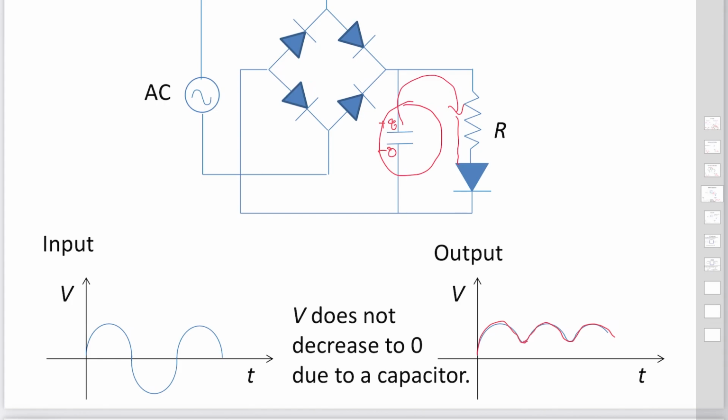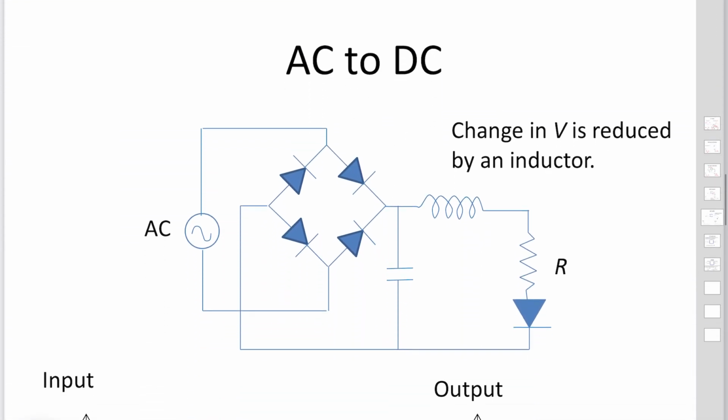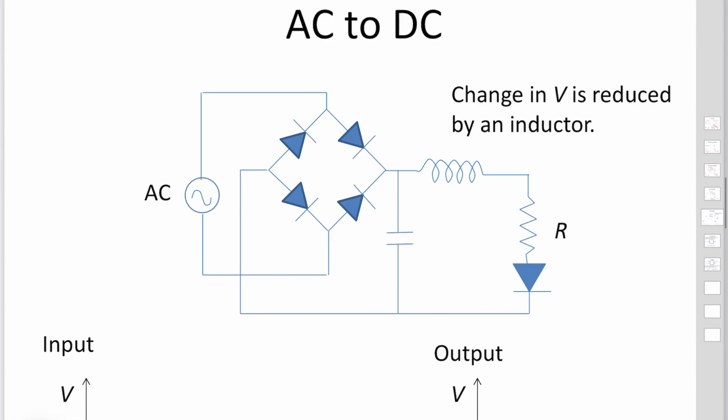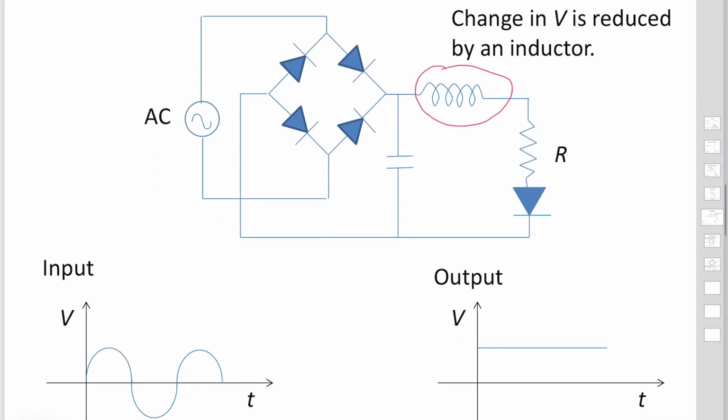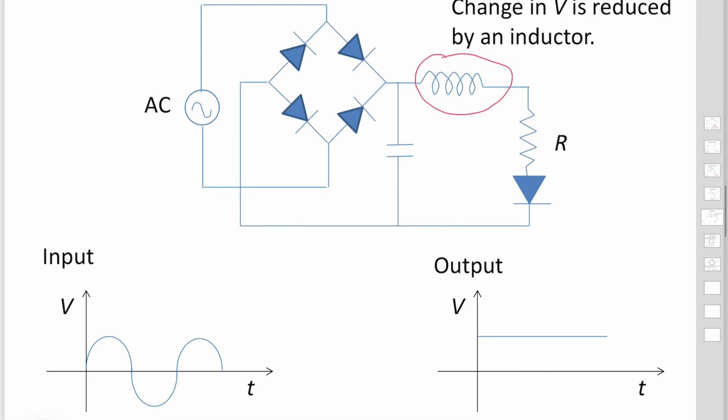We need to introduce one more element, an inductor. An inductor is introduced in this circuit. By introducing inductors, sudden change of voltage is prevented, and finally the output becomes constant voltage.